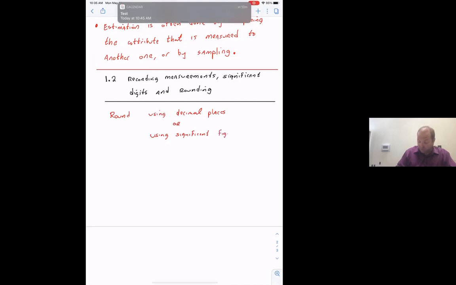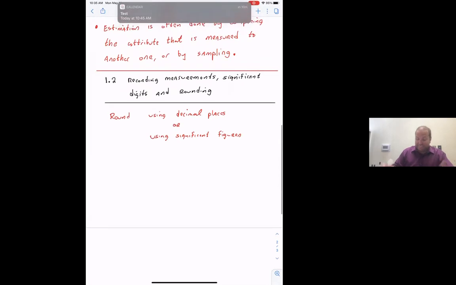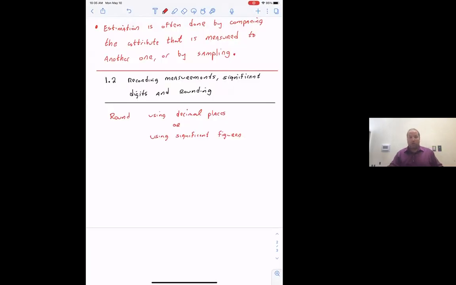The terms are pretty much synonymous. Decimal places are easier. When we use decimal places to round, we just say, okay, round to the third decimal place. So you take your number, you go 1, 2, 3 decimal places, and you stop there, possibly changing it based upon the number to the right, which we'll see in a second.